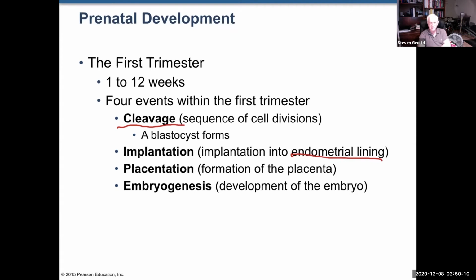You get placentation, the formation of the placenta, so the embryo can receive oxygen, nutrients, and get rid of waste across the placenta. And embryogenesis, development of the embryo. Those 4 things occur in the first trimester.